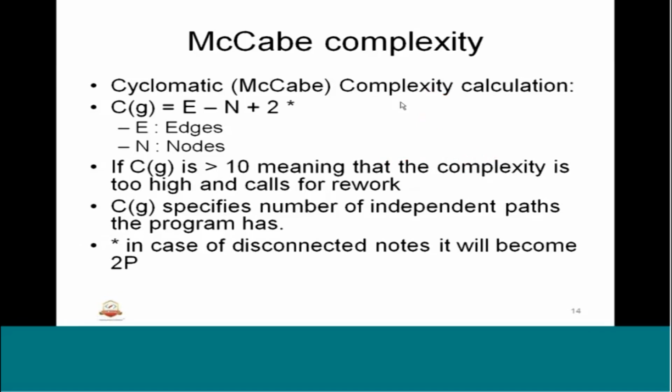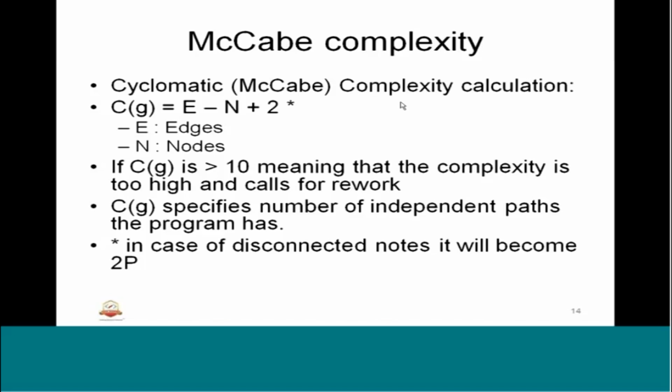So it's very important to understand cyclomatic complexity, or the McCabe-based cyclomatic complexity. In other words, E can be considered as the edges or the links in the flow graph, N is the number of nodes in the flow graph, plus the number of disconnected parts of the flow graph, and the plus 2 is the default number that is getting added.